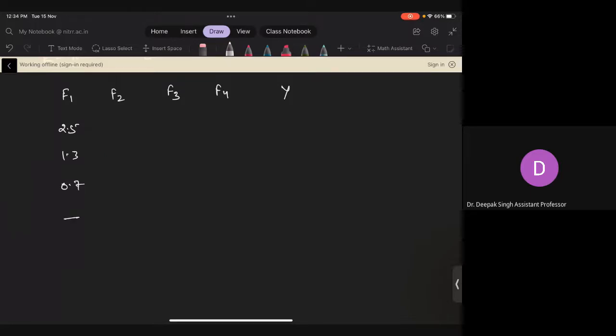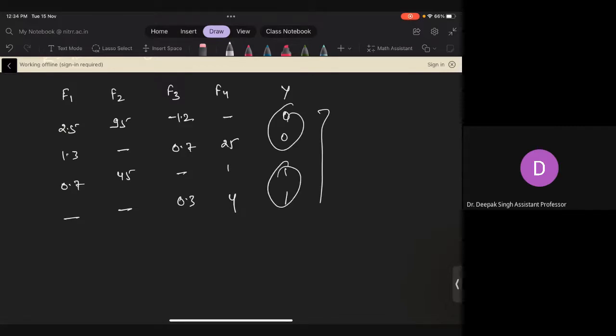Then for F2 you have 95 missing, 45 missing. Then here you have minus 1.2, 0.7 missing, 0.3 missing, 25, 1, 4. And the labels are 0 for this one and 1 for this one. Okay, so the data set belongs to the binary class. You have two class labels, 0 and 1.